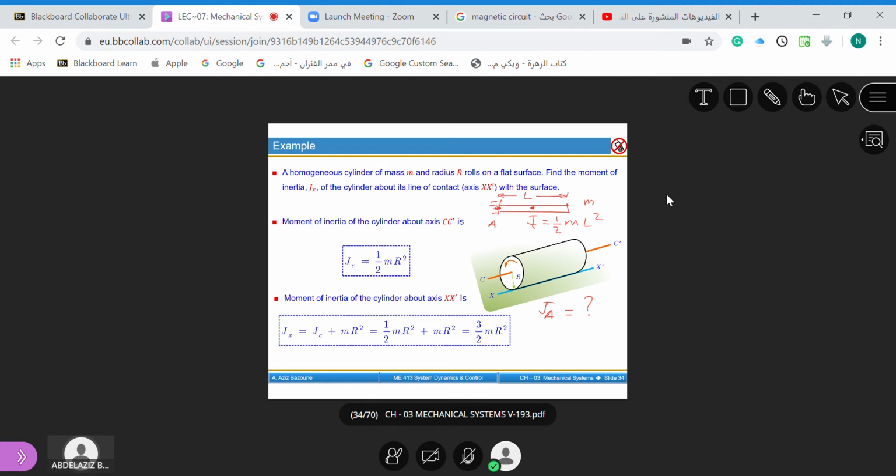This is a bar of length L and mass M, and the mass moment of inertia about its center of mass is 1 over 12 ML square. Can you please calculate Ja here? What will be Ja, the mass moment of inertia about A? Can somebody give me the value?